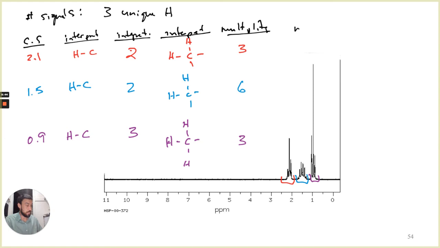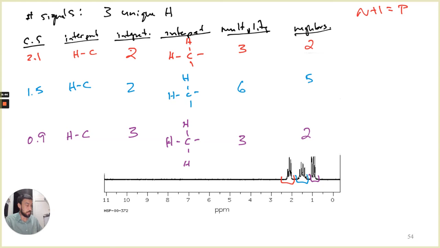When it comes to neighbors, and so this is why it's nice, now that we've got that information down, I actually don't need to look at that signal anymore. We look at our neighbors, the red one, we said n plus 1 equals the number of peaks. So 3 peaks means 2 neighbors, 6 peaks means 5, and the purple one with 3 comes in at 2.